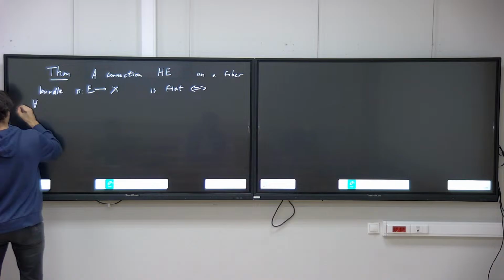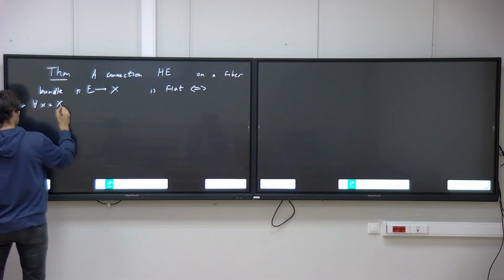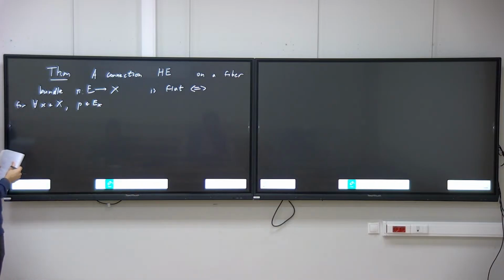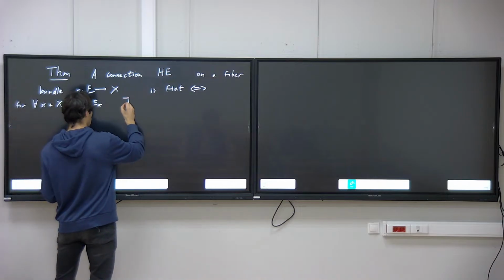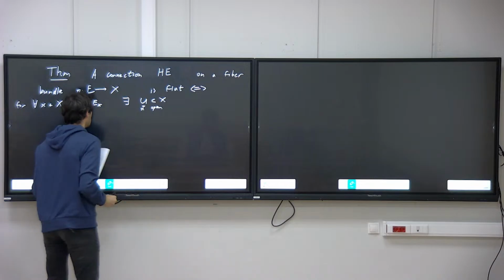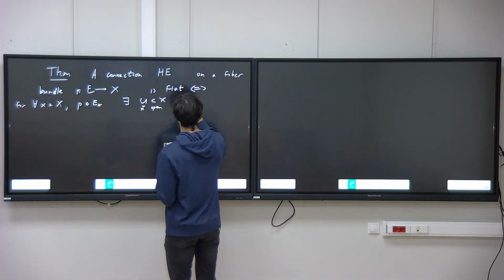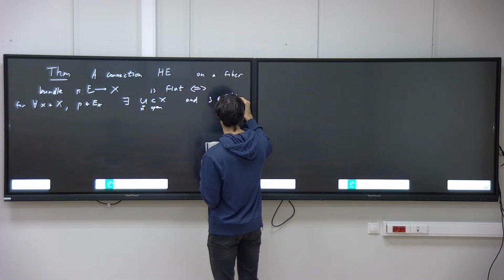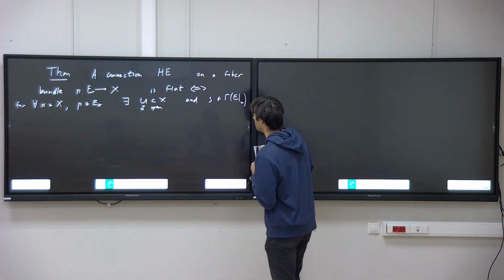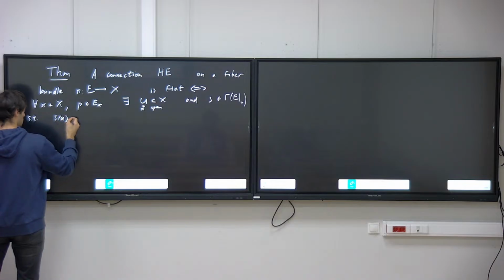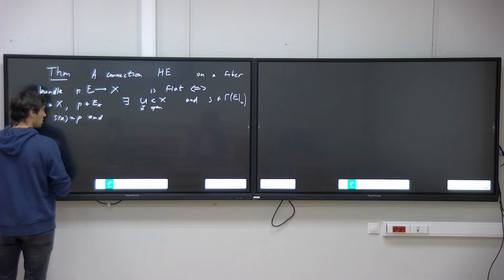So for every x from X and then p from the fiber, there exists an open neighborhood U of x and a section S of the restriction of E to U such that S of x is p and it's flat.